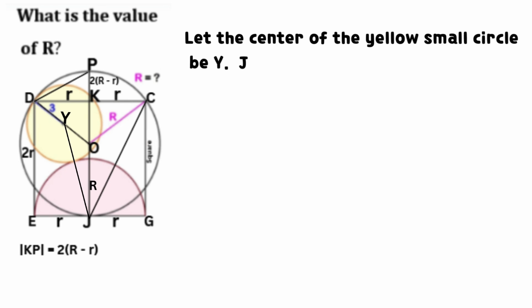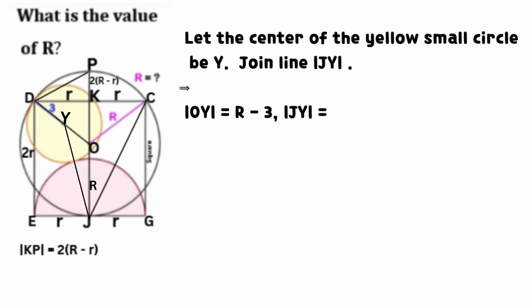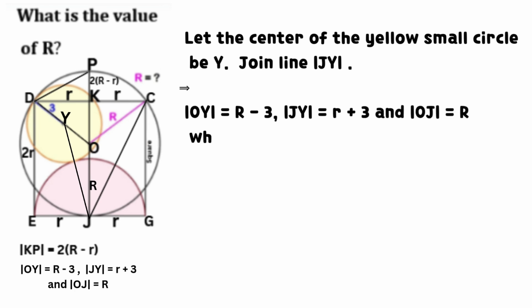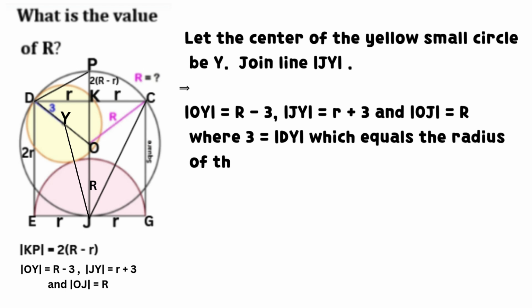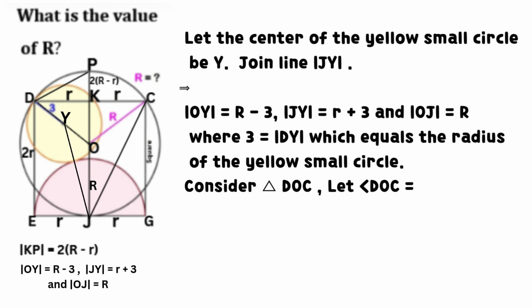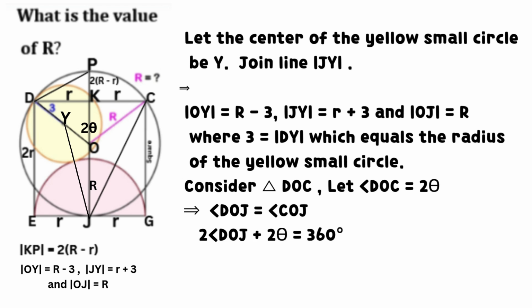Let the center of the yellow small circle be Y. Join line JY. This implies that line OY equals r minus 3 and line JY equals r plus 3. Also, line OJ equals r, where 3 equals line DY, which equals the radius of the yellow small circle. Consider triangle DOC. Let angle DOC equal 2 times theta.